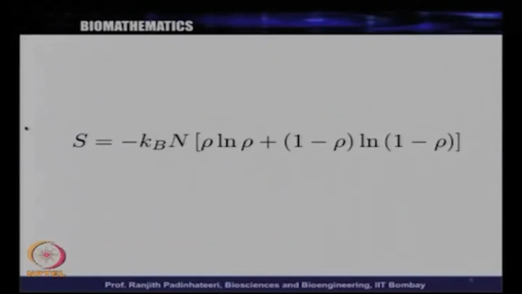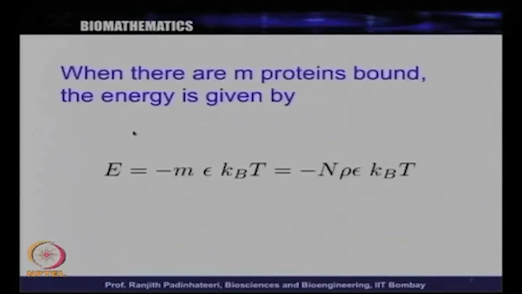So, we can rewrite it, and you can see that this is the entropy. We said that the energy is m epsilon k b t, which is minus n rho epsilon k b t. You can write it in terms of rho here. There are m proteins bound, each protein has a binding energy minus epsilon.